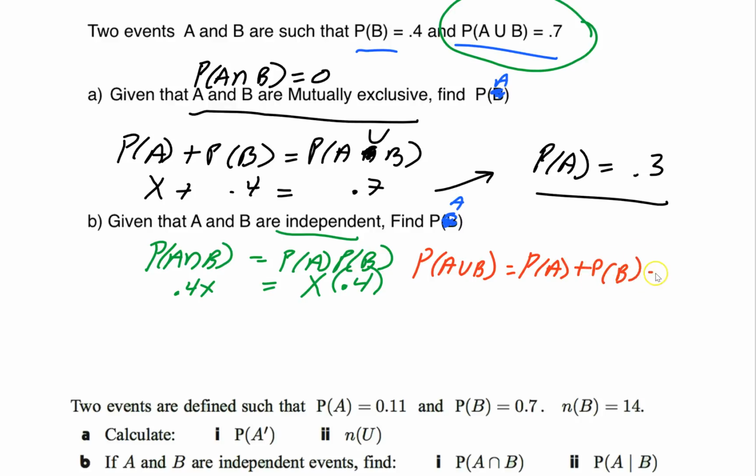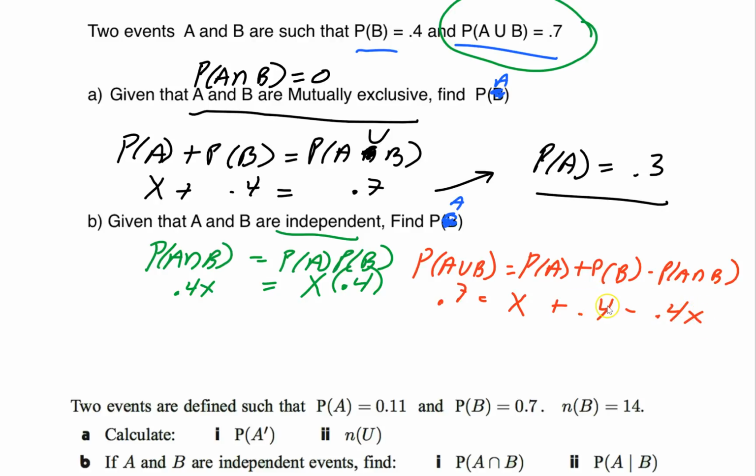It's the one we always go back to. It's always true. Right, we get that. I don't know the union. Oh, yes, I do. Haha, that's 0.7. I don't know A, that's X. That's what I'm looking for. B is 0.4. And this, well, since it's independent, is just X times 0.4, or 0.4x.